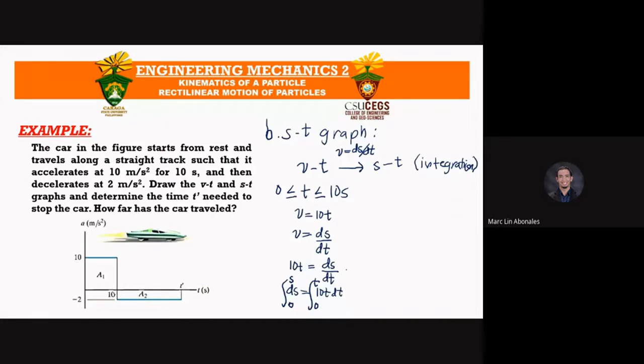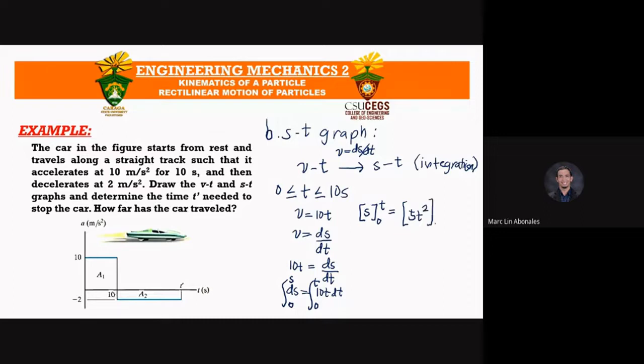So this will be S from 0 to S is equal to integration sa 10t dt. Integration sa 10t dt? Over 2. What's your answer? 10 t squared over 2, sir. 10t squared over 2 or 5t squared? Yes, sir. Okay, that would be 5t squared. Okay, 10 over 2 is 5 man.